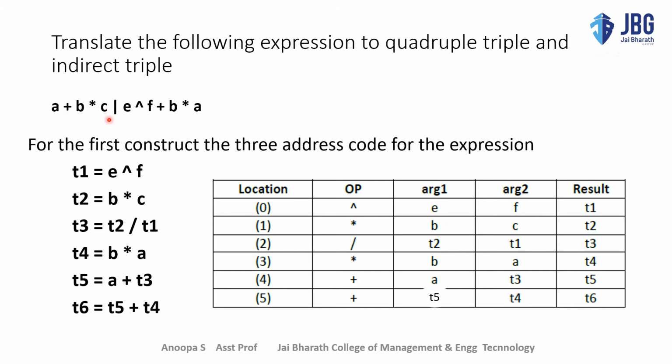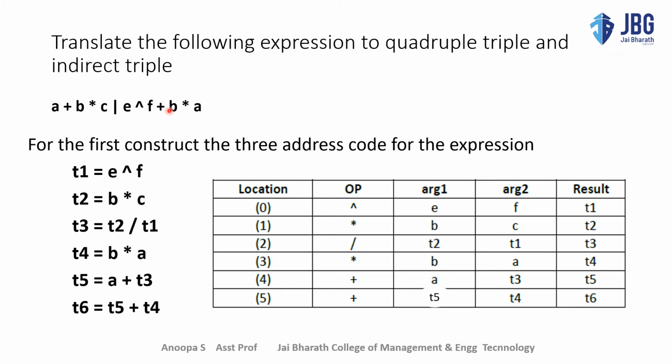So first expression will be e ^ f. I am assigning a temporary variable t1: t1 = e ^ f. Then next will be our multiplication, so t2 = b * c. Then I have to perform this division, so t3 = t2 / t1. Okay. So far we have done this.